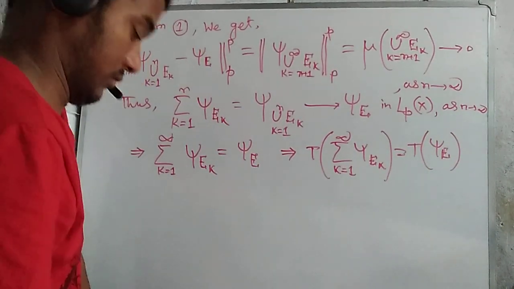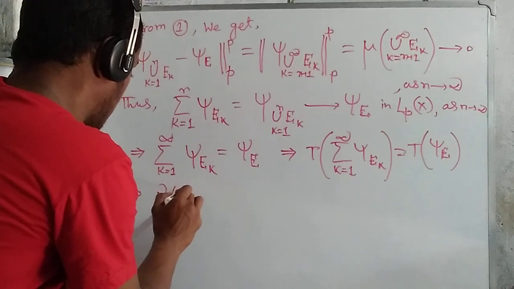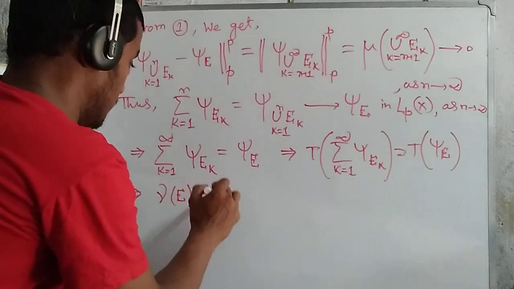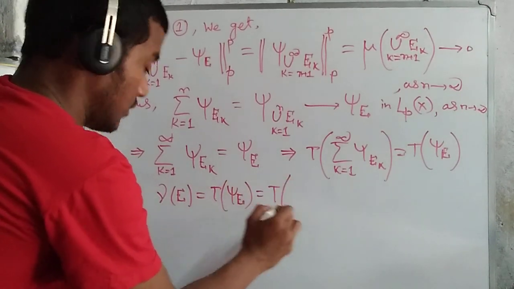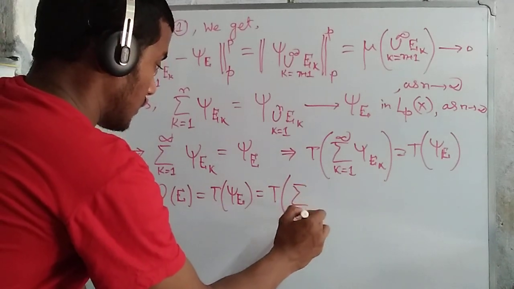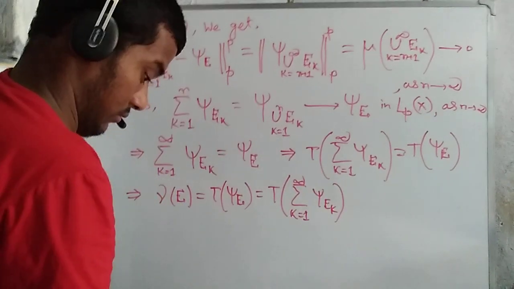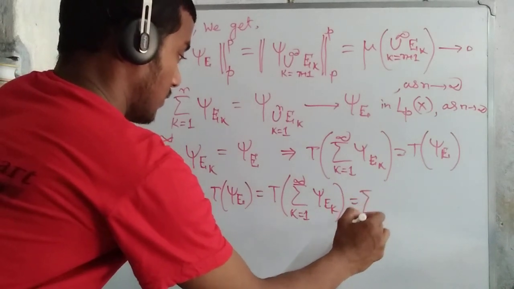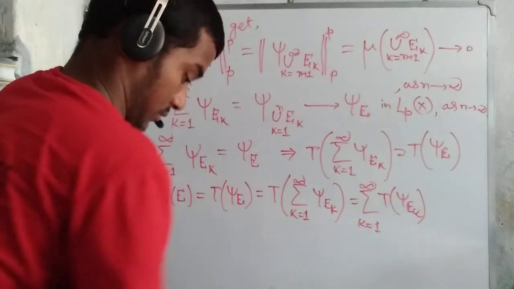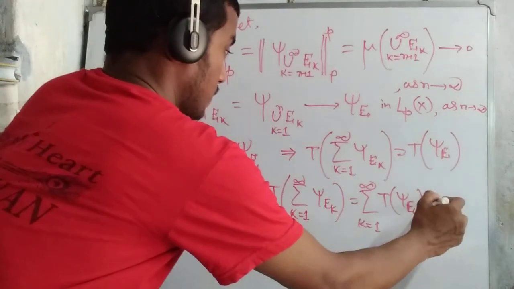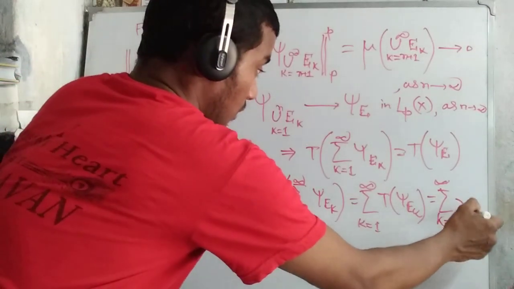Okay, this implies that T of summation k = 1 to infinity psi Ek equal to summation of k = 1 to infinity T of psi Ek, equal to summation k = 1 to infinity gamma of Ek.